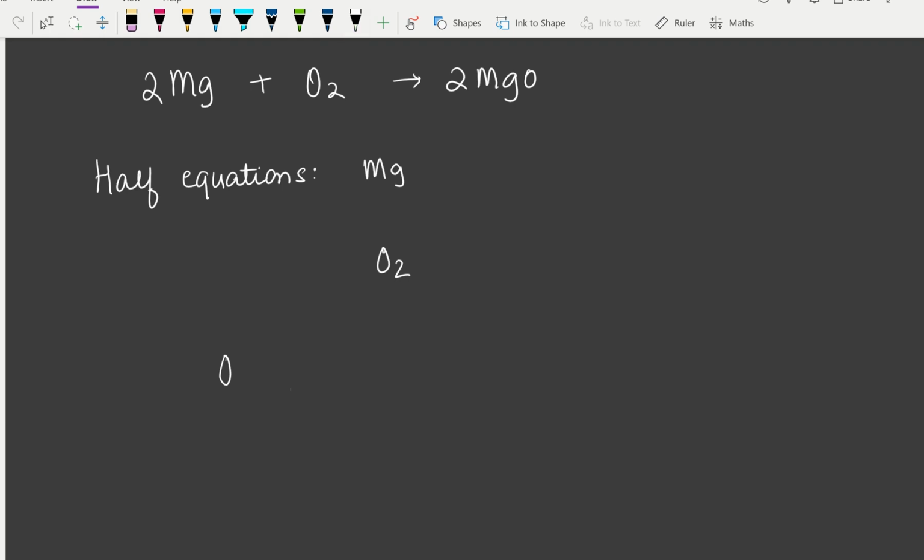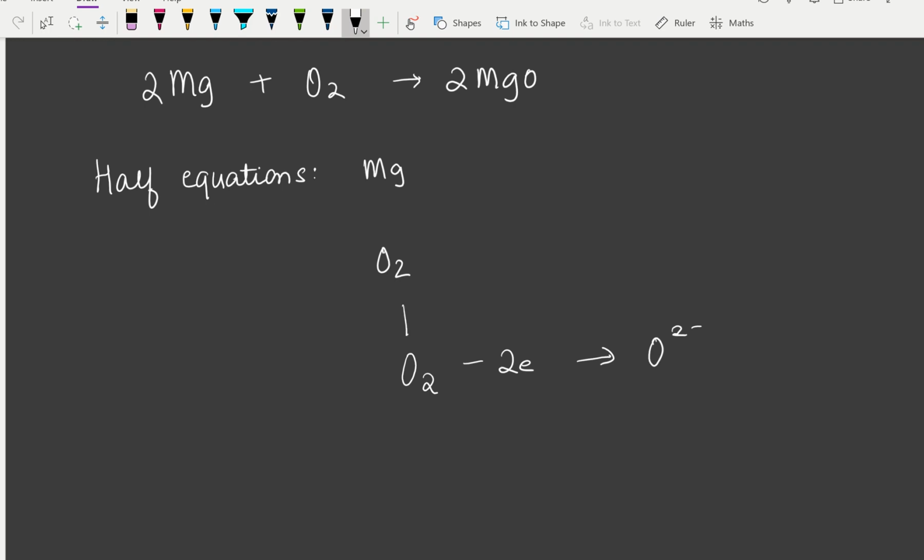So one oxygen is going to lose 2 electrons, and it is going to form O2 minus, that is for sure. But oxygen is diatomic, so in all 2 oxygen atoms. I can't write 2 oxygen like this; I know it's diatomic, so I have to write this down as O2.